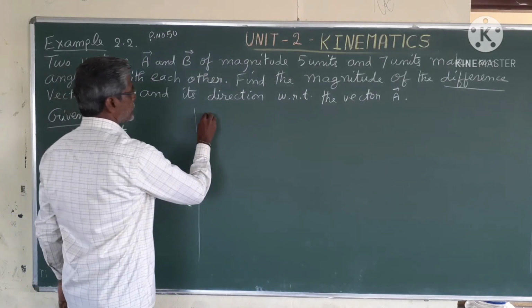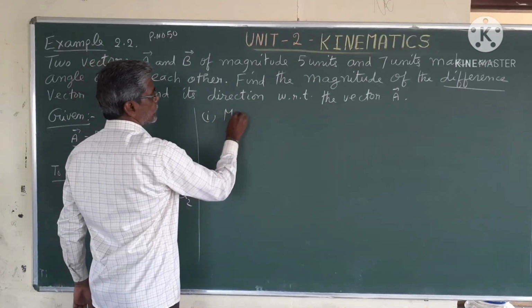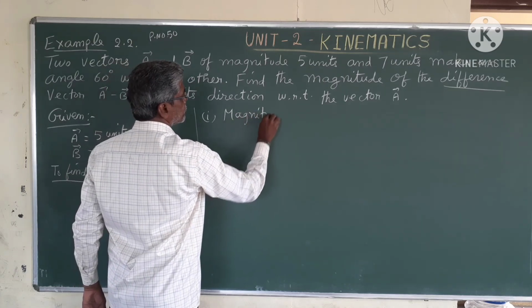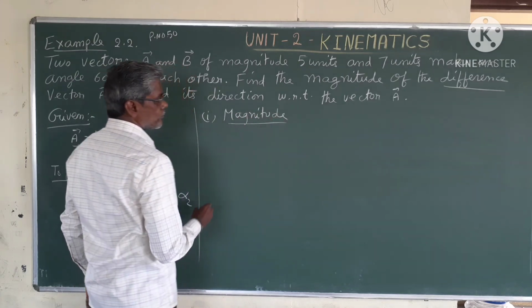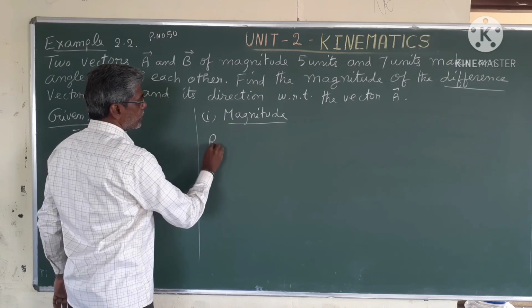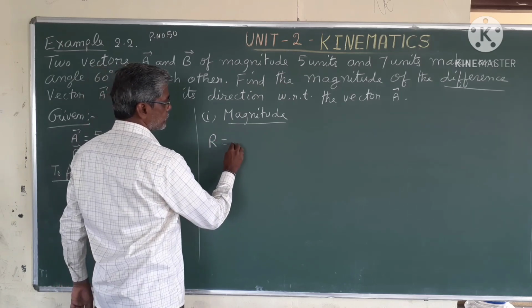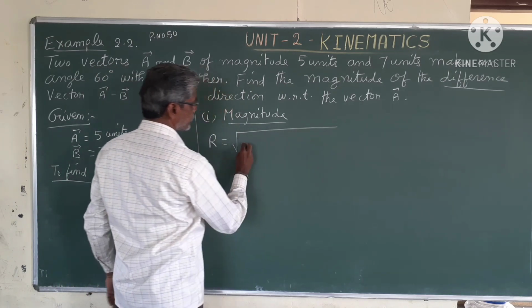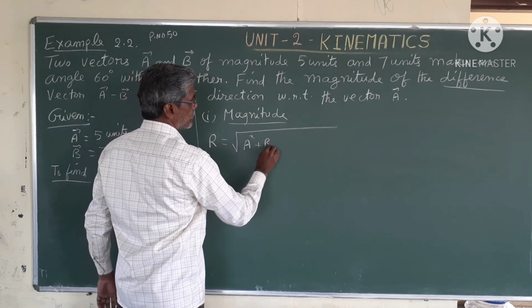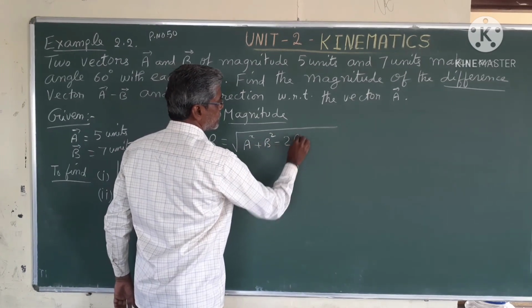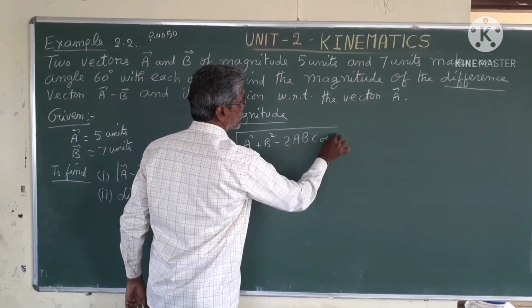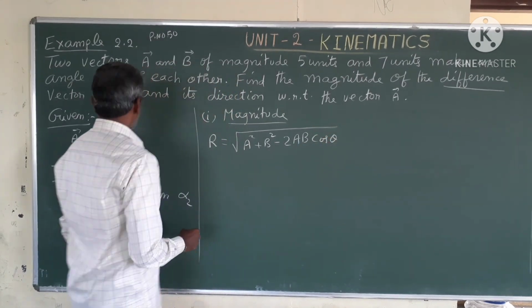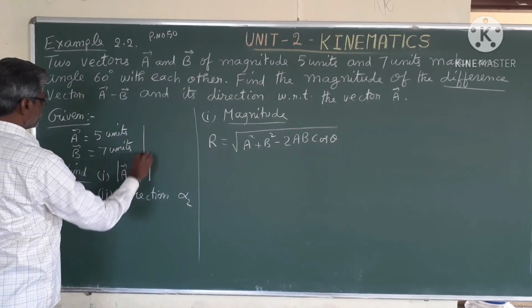So first we will find out the magnitude. So for the formula, R is equal to square root of A square plus B square minus 2AB cos theta. And here theta is given.